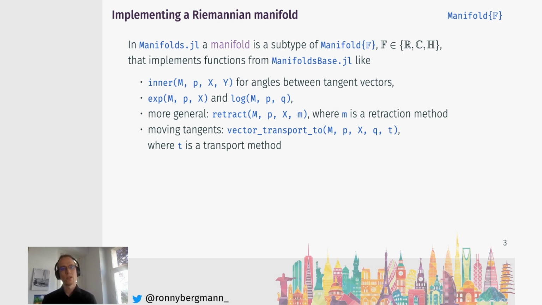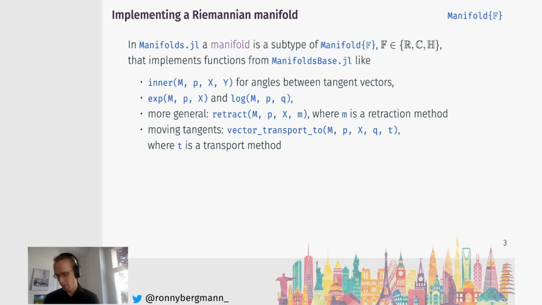Or more generally, the retraction, which approximates the exponential map, first order or second order approximation, or even the vector transport that identifies vectors from different tangent spaces with different transport methods available.